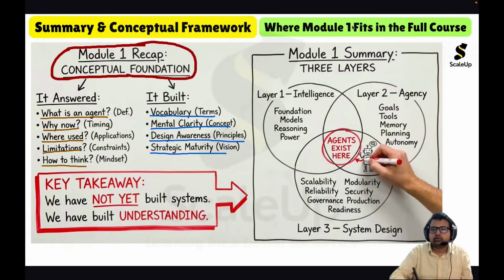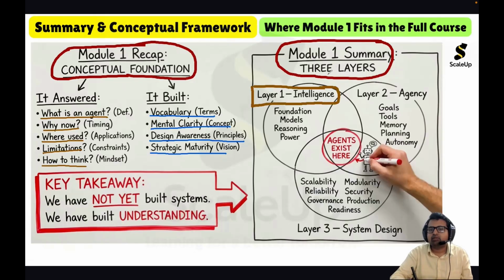We can summarize module 1 in 3 layers. Layer 1 is the intelligence layer. Agent has got intelligence, and foundation models are responsible for it, the reasoning power, the planning power. Layer 2 of agents is the agency, wherein agents can not only respond, they can act.